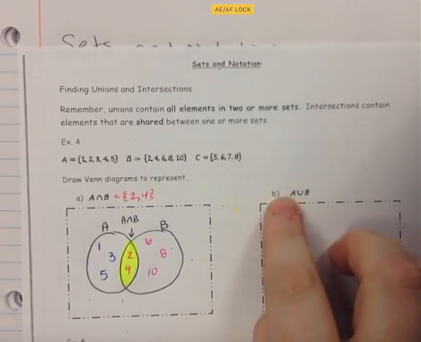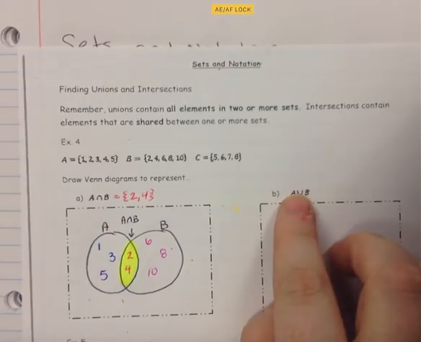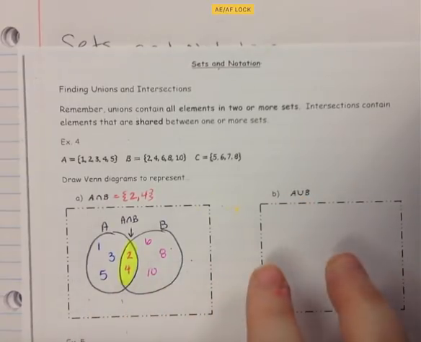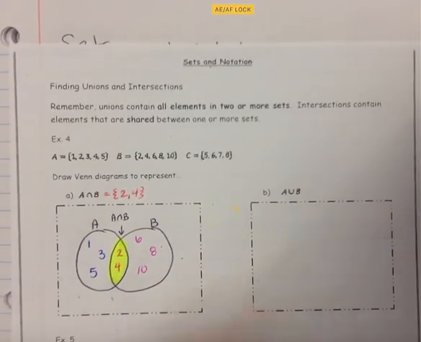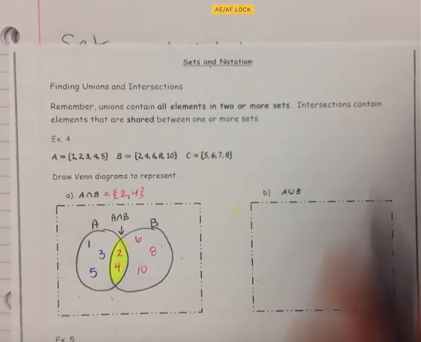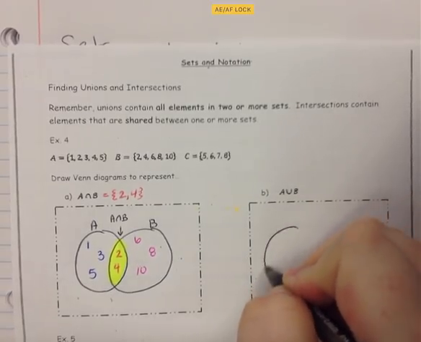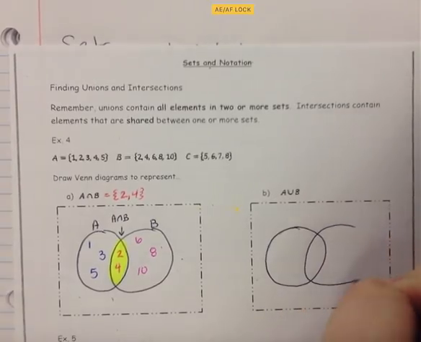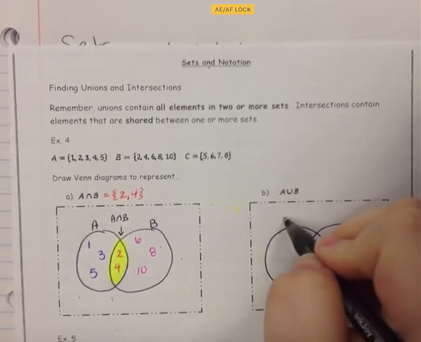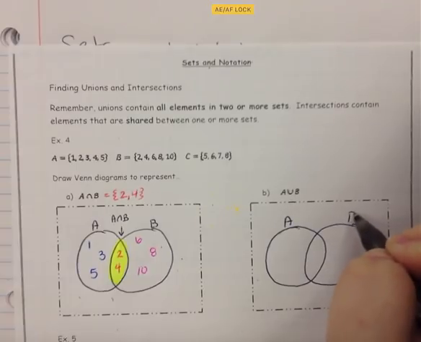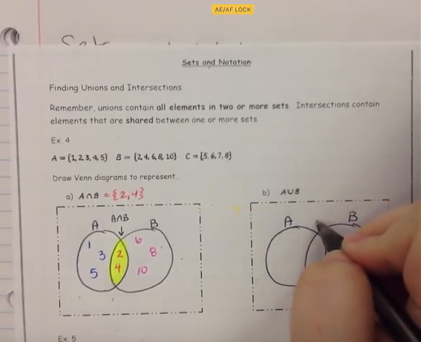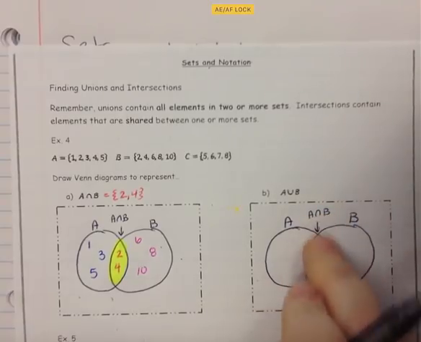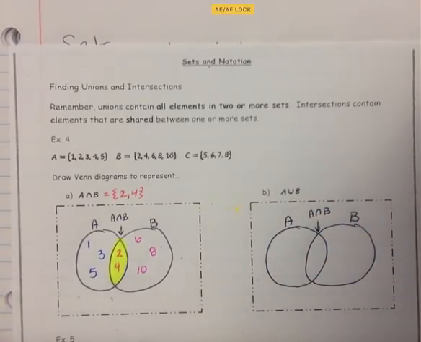Now since for example B, we're still dealing with these same sets, I can actually make my Venn diagram the exact same way. So I'm just going to recopy this Venn diagram. I have a circle, a second circle slightly overlapping. This first circle is set A, the second circle is set B, and the middle is the A intersect B. That will always be the intersection no matter what.